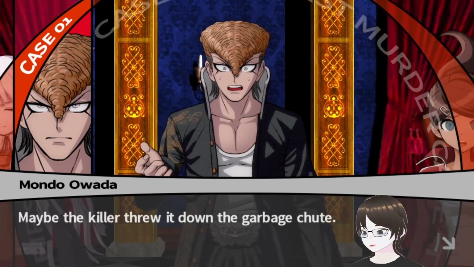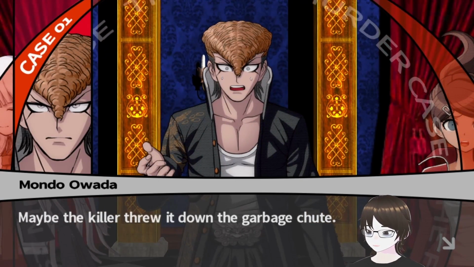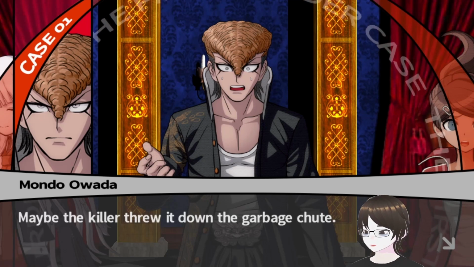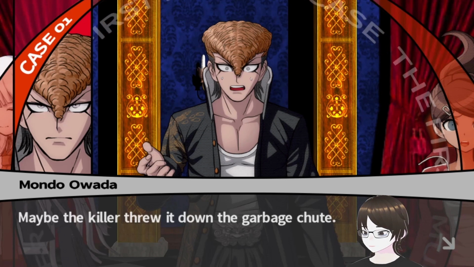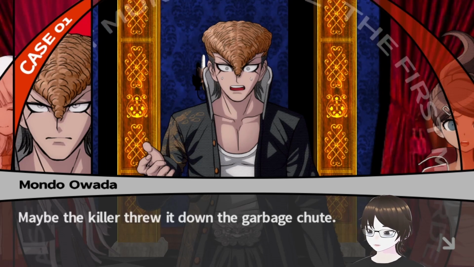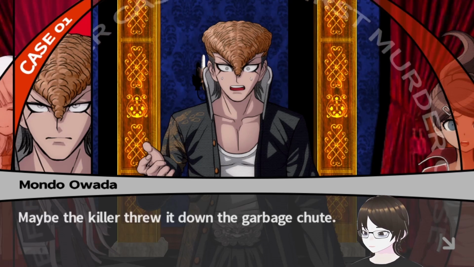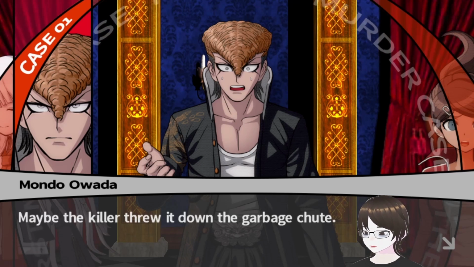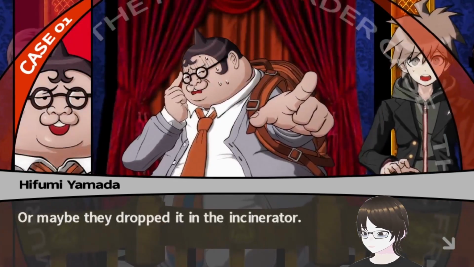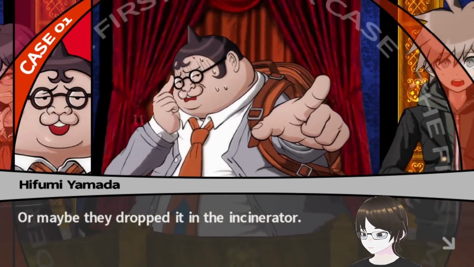It wasn't the knife left in Sayaka? I don't think there was a second weapon. Oh, maybe for the used lint roller sheets at least. We never found those, so perhaps the killer did throw evidence down the garbage chute. Or maybe they dropped it in the incinerator. Either or.